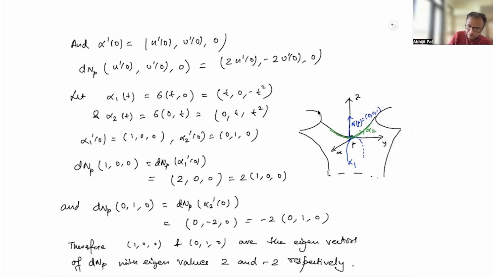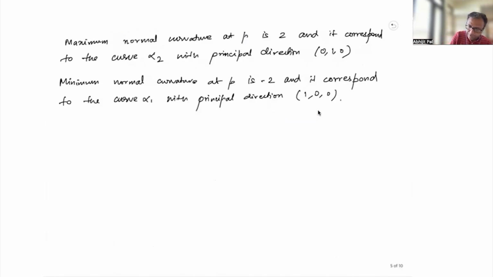Okay, so now let us take another example. Let us take the sphere in R3.